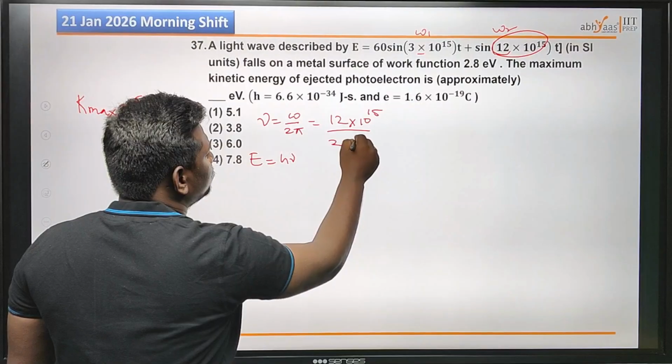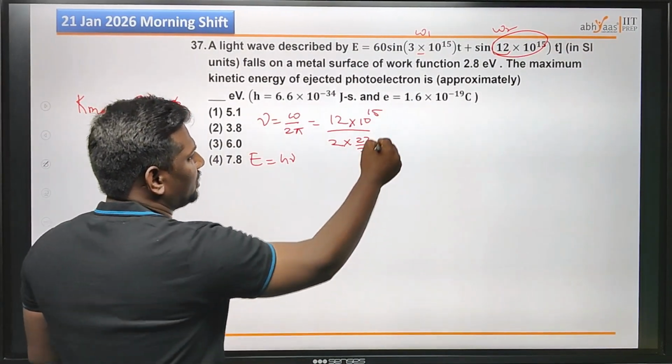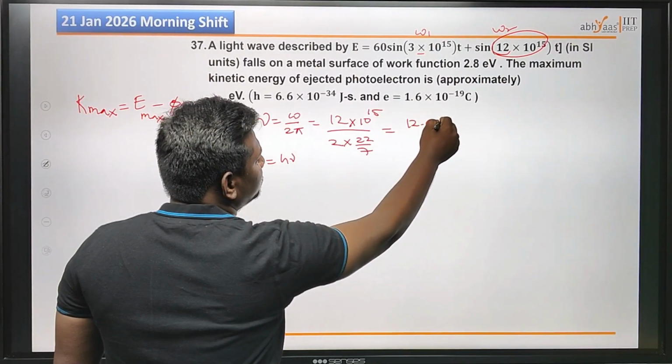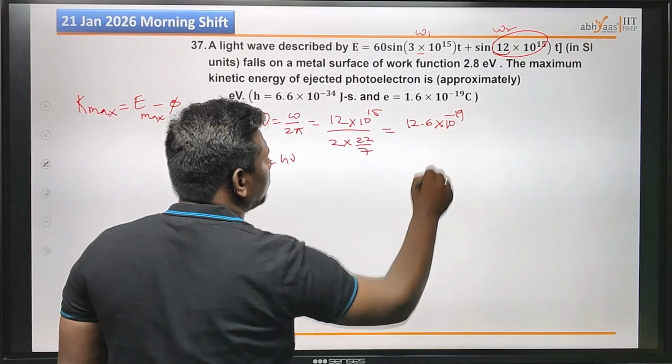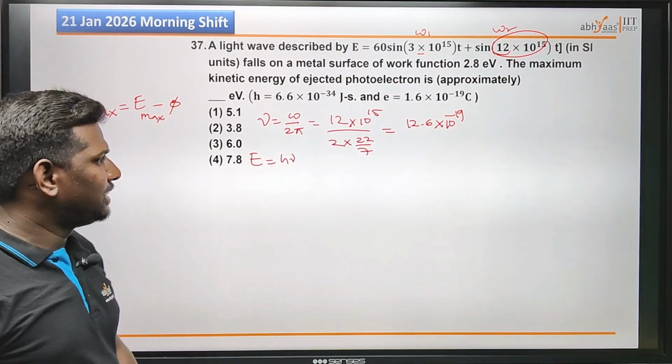So frequency can be written as omega 2, 10 to the power of 15 by 2 into 22 by 7. So you are getting 12.6 into 10 to the power of 14.